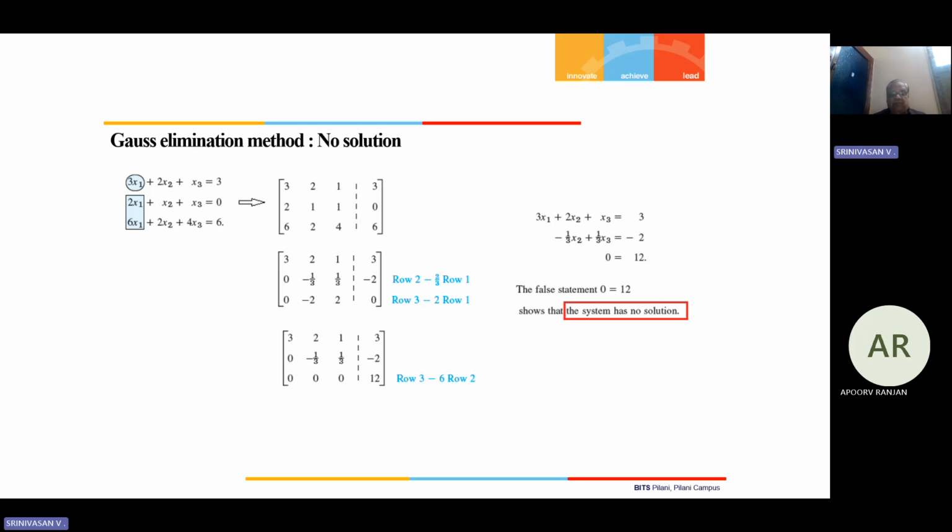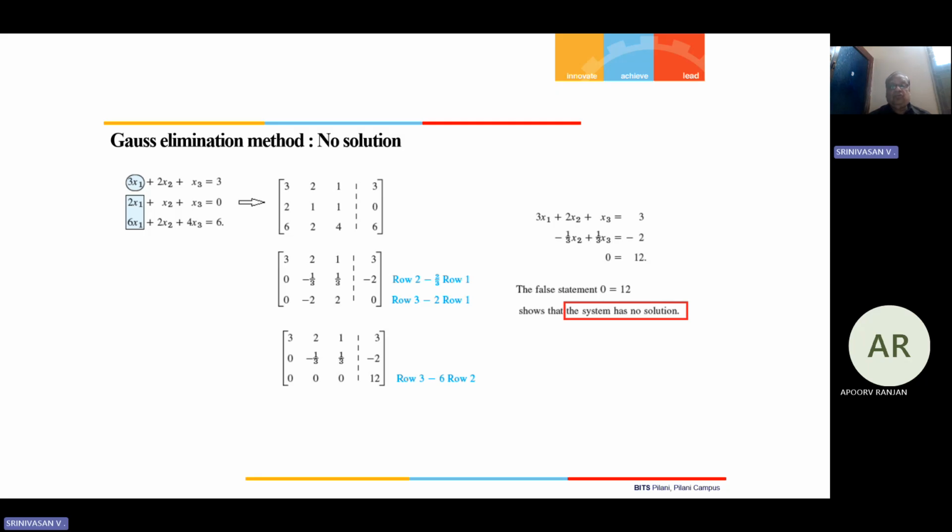When you do the set of operations, it comes on its own. Therefore, what are we supposed to do in back substitution? It shows that actually 0 z is equal to 12.